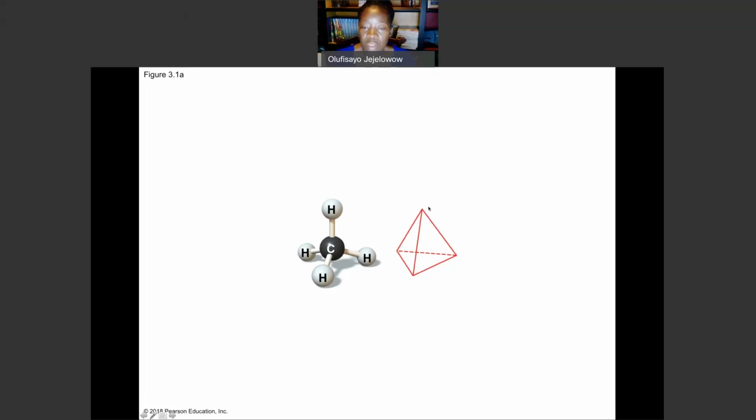You can see the illustration here in this prism illustration of the model. So this is methane, carbon being able to form 4 covalent bonds by sharing each of its outer 4 electrons with hydrogen. This is a basic hydrocarbon.